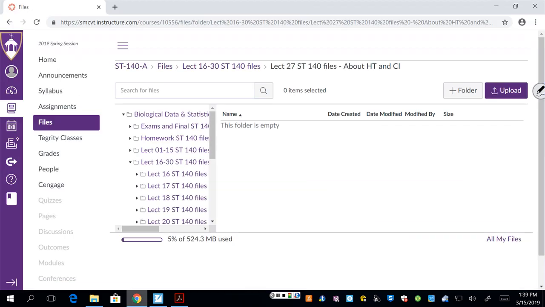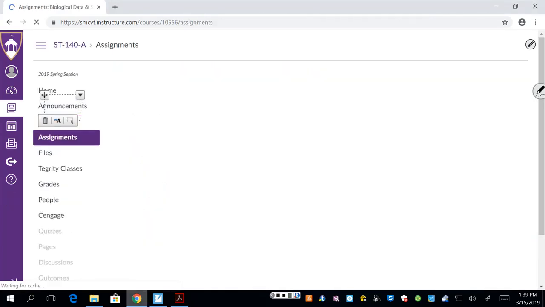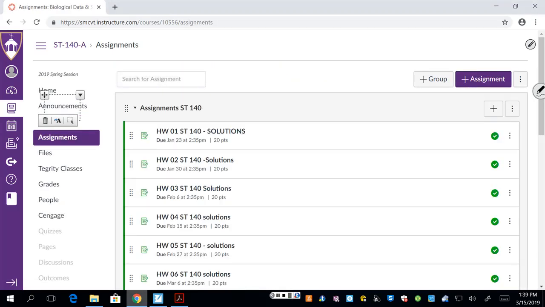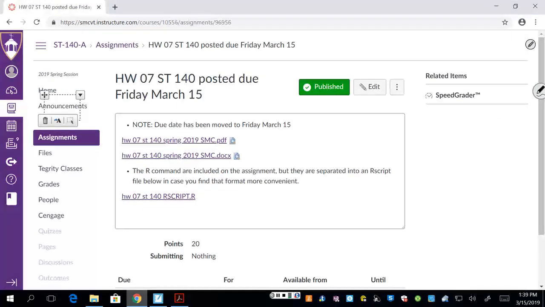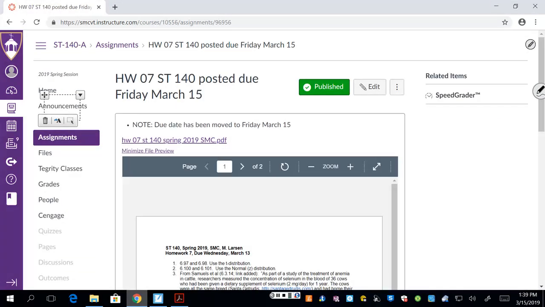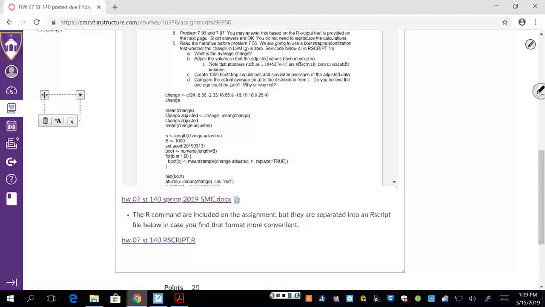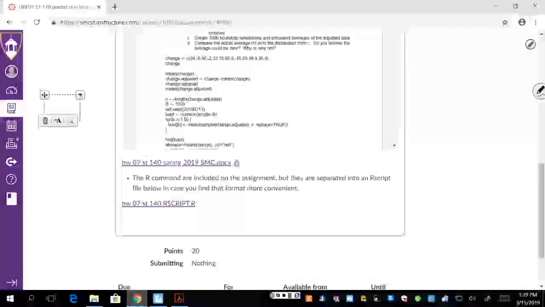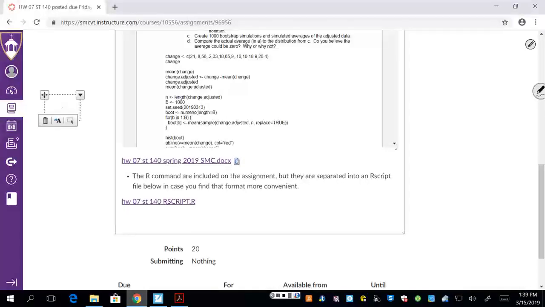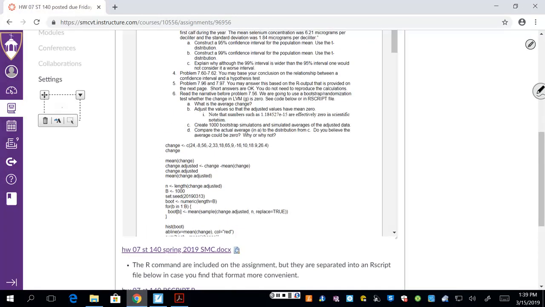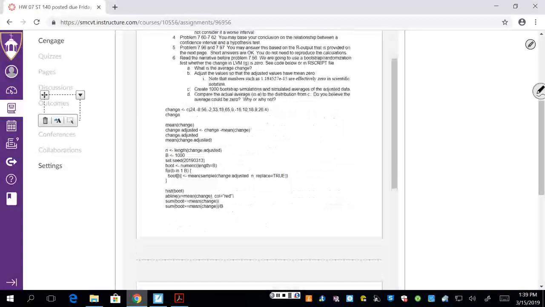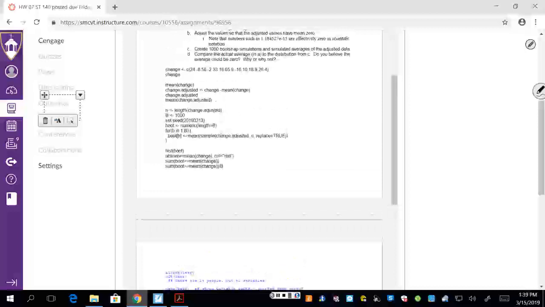And so if we go to our assignments, on our 7th one, this one had a little bit of computer output down here.